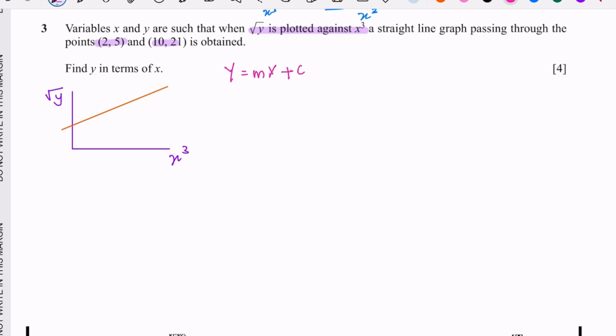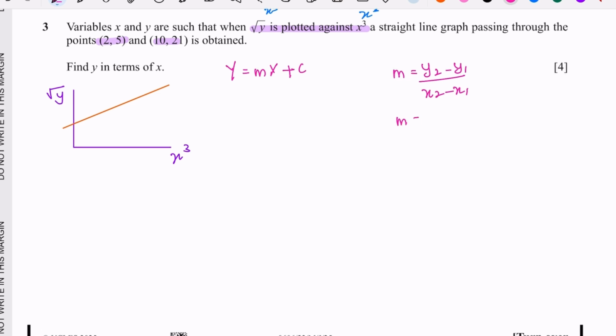Since we have the 2 coordinates over here, we can find our m. m is just y2 minus y1 over x2 minus x1. And substitute our values. m will be 21 minus 5 over 10 minus 2. I can simplify this, I will get 2.